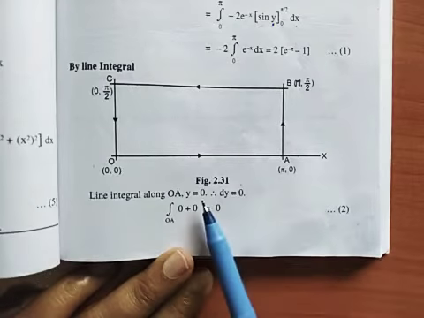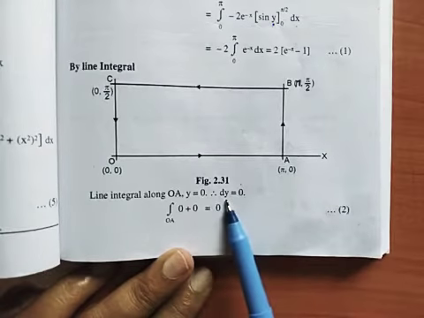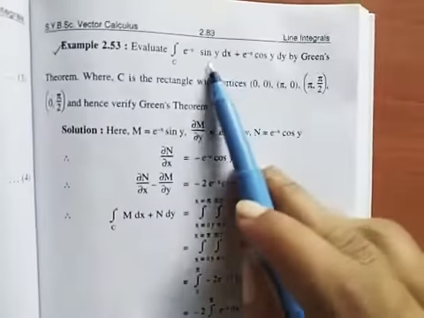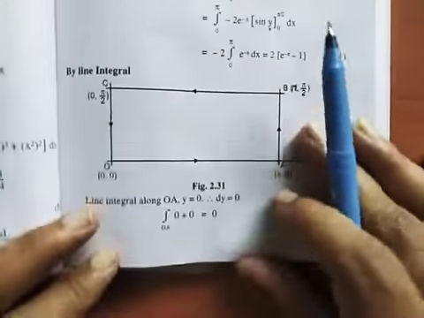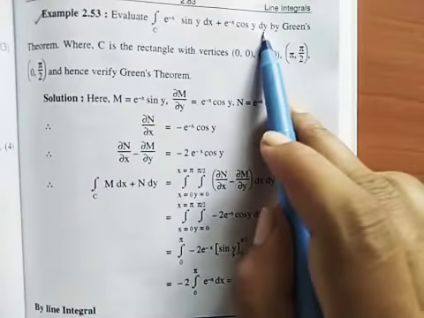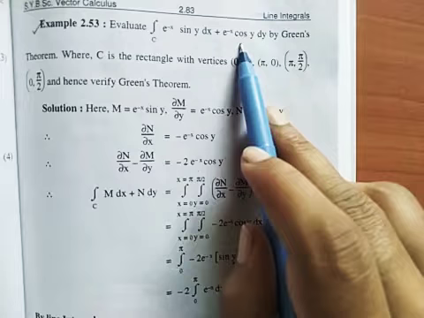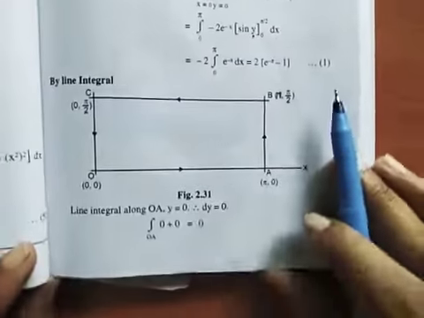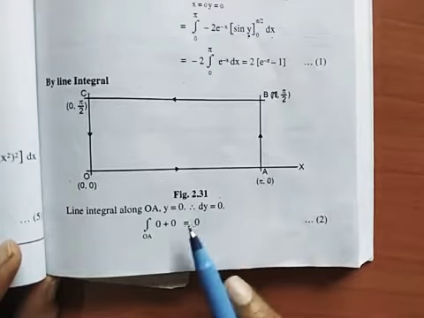So for this line, y is equal to 0, therefore dy is equal to 0. So substituting these values in this given integral, what we get? Integration 0 plus 0, that is 0. Because dy is 0, means second term is 0. And y is 0 means sin 0 is 0. So along this OA, we get answer 0.